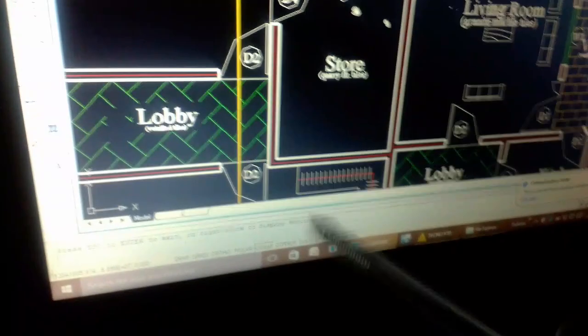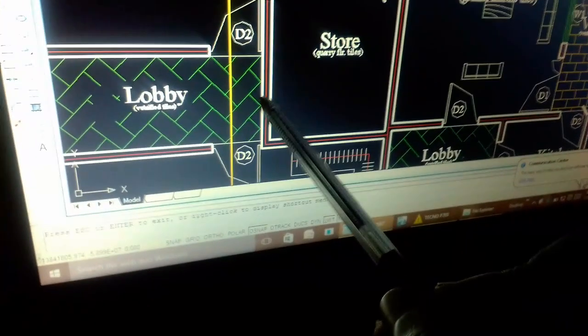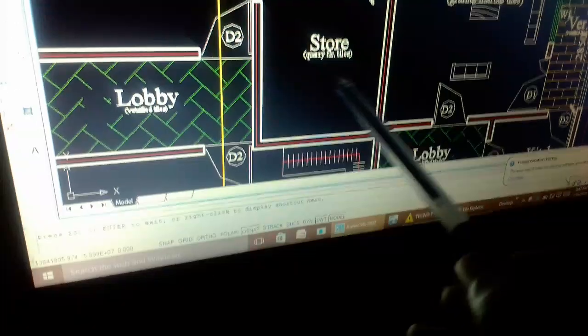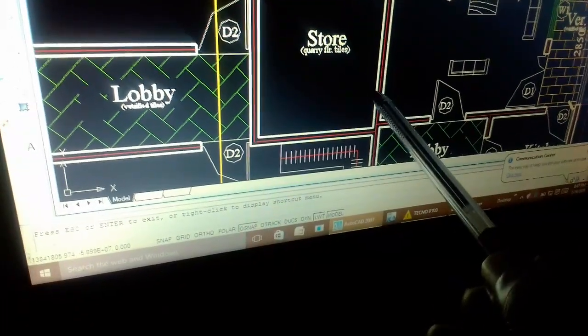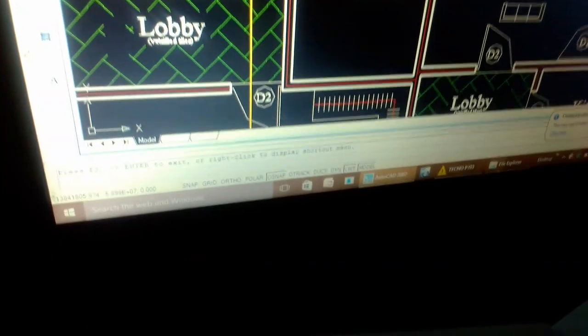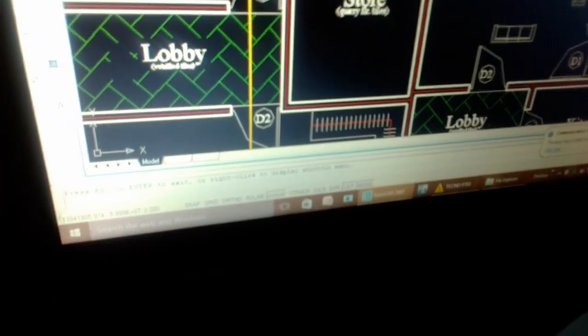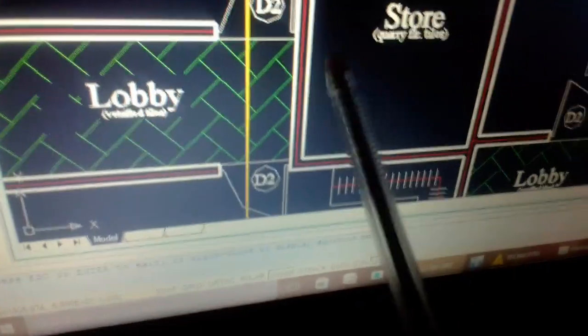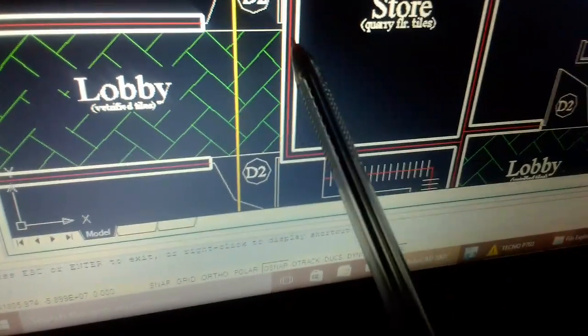So with this formula now, unknown dimension becomes known measurement of unknown dimension. Let's say for example, I'm trying to get the store space measurement. So let's say I'm trying to get this space, from here to here. Then looking at our formula, the unknown dimension of that space is the known measurement of unknown dimension. So I have to take measurement of this unknown dimension with the use of my scale rule.